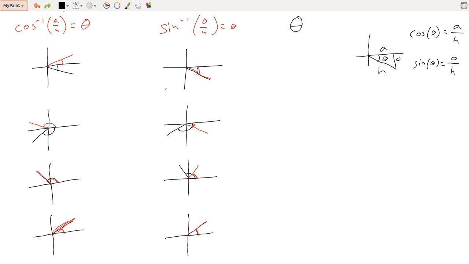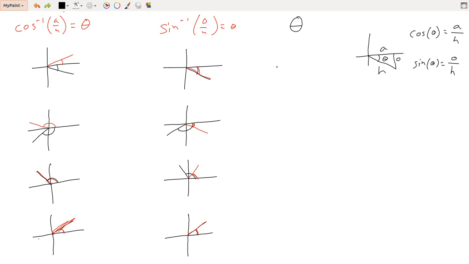So if we have A over H and O over H, and we use the inverse cosine and inverse sine functions, and they return to us angles, one in the first quadrant and one in the fourth quadrant, then we know the actual angle is in the fourth quadrant.